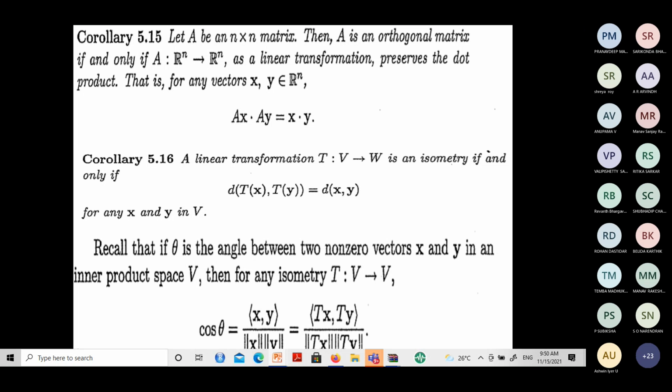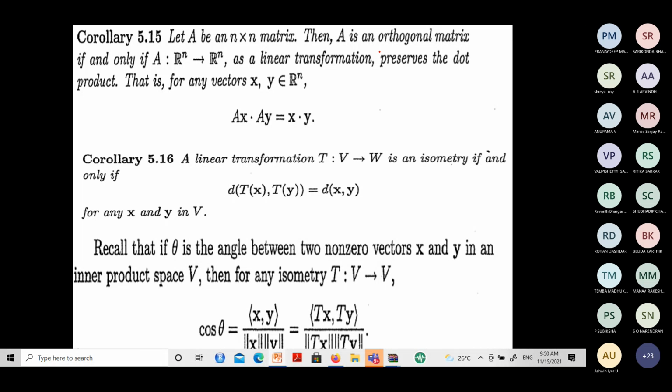The speciality of an orthogonal matrix is that its transpose is equal to its inverse; the inverse of the matrix is nothing but its transpose. You might have done this during your ADD course, right?